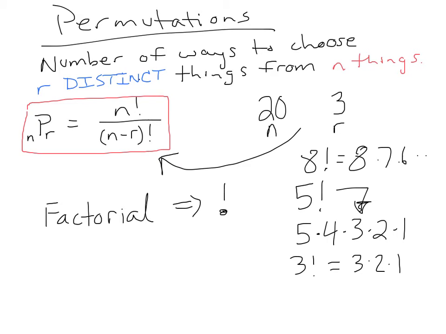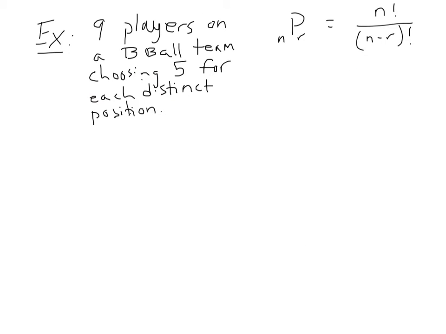Okay, since this is just a cute little formula here to find the permutations, to find how many ways you can select, like in this case, how many ways you could select 3 things from a group of 20, let's do an example. Here's our problem set up. We have 9 players on a basketball team, and we're choosing 5 players for each distinct position.